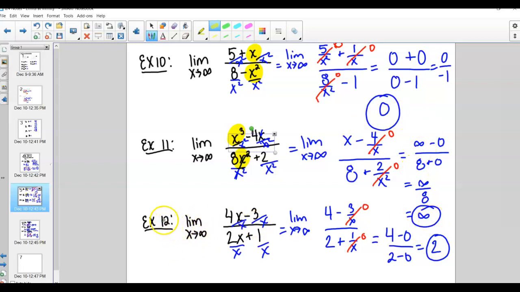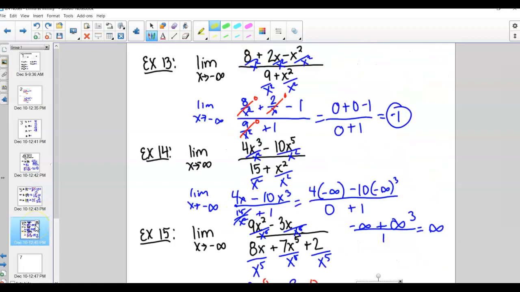For 12, my highest exponents were really just to the first power, and they were the same on top and bottom, and I got 4 divided by 2, which was 2. For 13, I had the same exponents on top and bottom again. Notice that I got negative 1 divided by 1, which was negative 1.